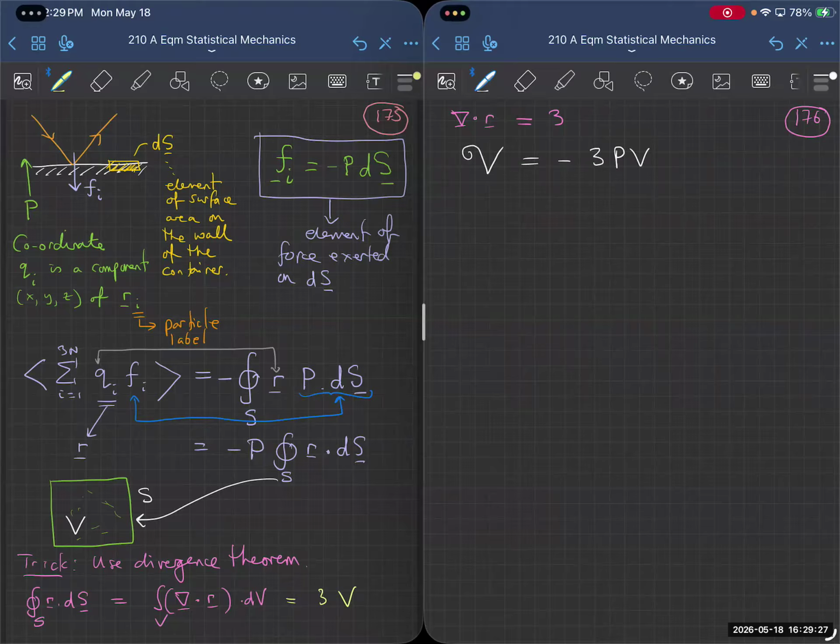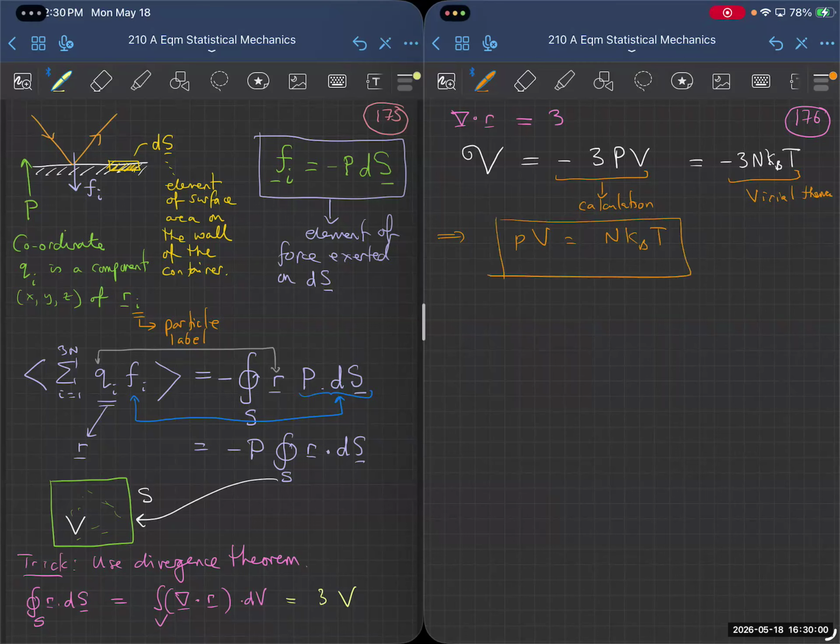But I have the virial theorem, which says that this is equal to minus 3 N kB T. So this is from the calculation, and this is from the virial theorem. And so that means that PV equals N kB T. And that's the ideal gas law. So isn't that cool? Isn't that easier than doing delta functions and stuff?